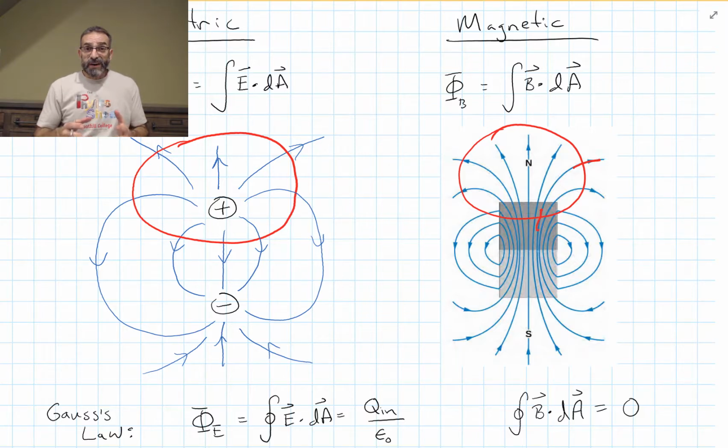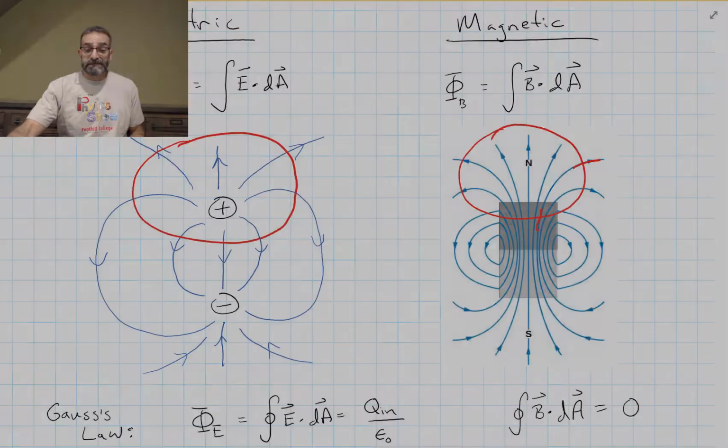We like to say there are no magnetic monopoles. You cannot find just a north pole or a south pole by themselves. So Gauss's law for magnetism, the fact that there are no magnetic monopoles, or another way of saying that, the integral of B dot dA around an enclosed surface is 0, is really a result of observation.